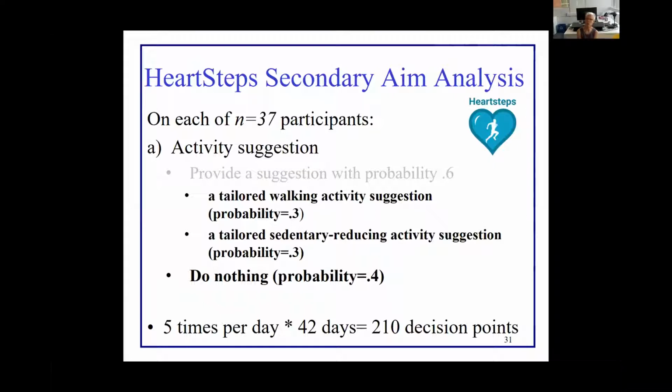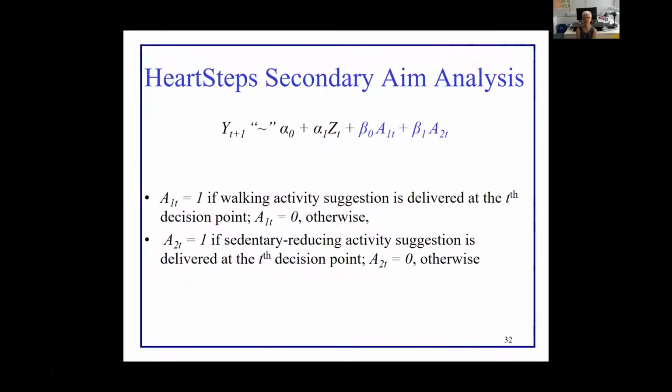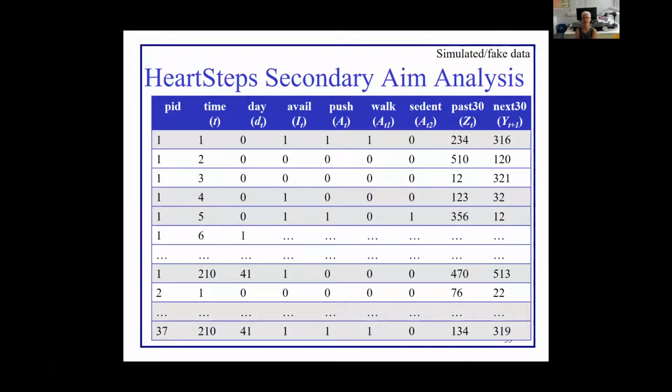And of course, when we analyze this, the primary analysis for this contrast, we're going to have 2 indicators of treatment, an A with a subscript of 1 and an A with a subscript of 2, because we have 2 different kinds of treatment. There you see it. The subscript of 1 is the walking, the more burdensome activity suggestion. Subscript of 2 is the less burdensome.